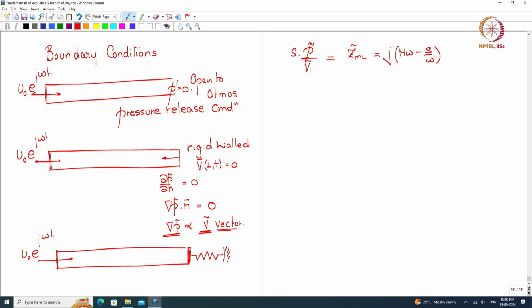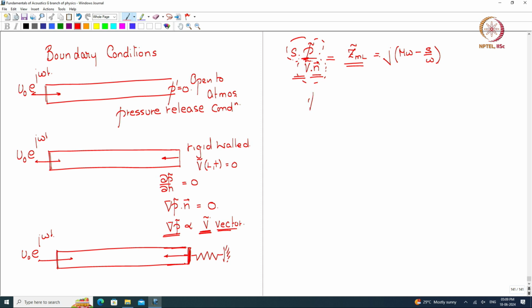Here also we can put a v dot n, actually v dot n. Okay. If we consider velocity there to be a vector, I mean we are looking at very simple geometry, so velocity, whose direction is known, we are taking it as a scalar, but if we consider velocity to be a vector, then we dot it with n, which is normal to that surface, then it becomes a scalar, okay, and in the numerator we have S into P to make it a force, and we have ZML, okay.